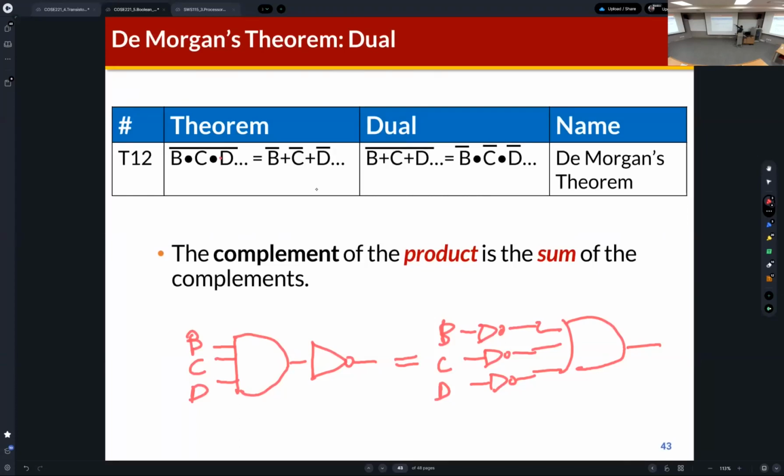So we can also define the dual of De Morgan's theorem, which means the inversion of B plus C plus D is equal to the inversion of all inputs, and the gate is changed. The OR gate is changed to the AND gate, and the AND gate is changed to the OR gate. So this is De Morgan's theorem.